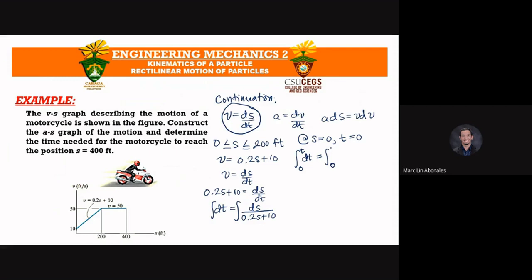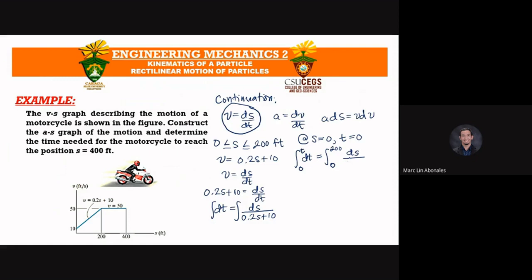But here I will substitute directly the 200, so that the time that I will determine here is the time at which the position is 200 feet. So that I can use that for the next inequality, which is 200 to 400 feet.